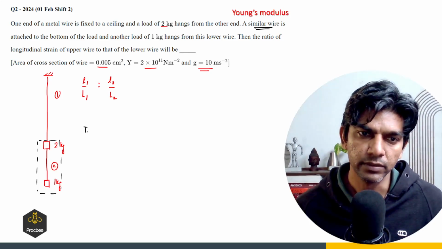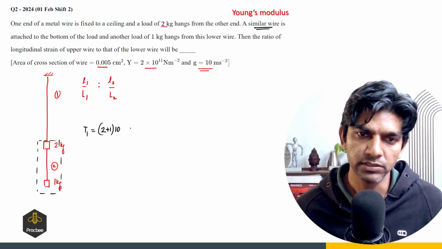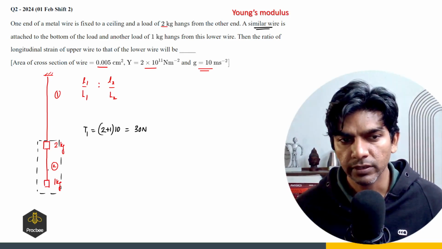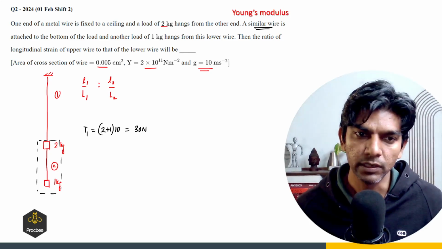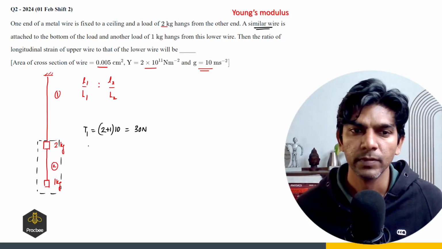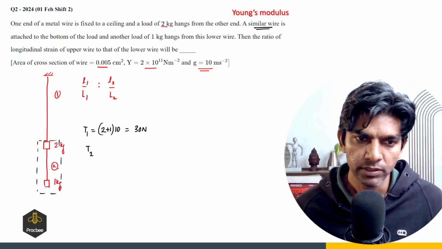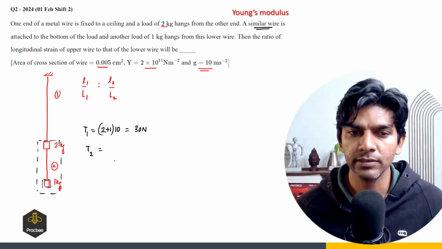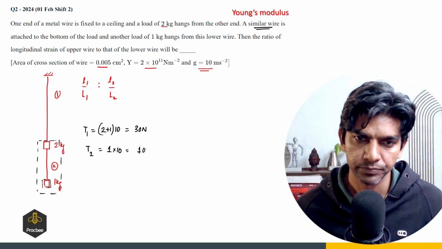So we can say T1 will be equals to (2 plus 1) times g. g is given as 10, so that will be 30, right? So here I'm ignoring the mass of the second wire because it is very thin and its mass will be negligible in comparison to the mass of the blocks. So this will be 30, and similarly for the second wire, if you draw free body diagram of 1 kg, the tension in the second string comes out to be 1 into 10, which will be 10 Newton.